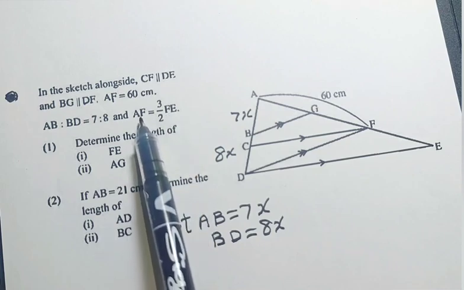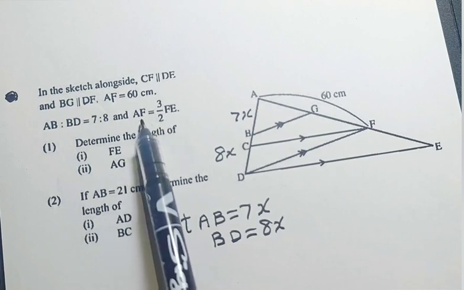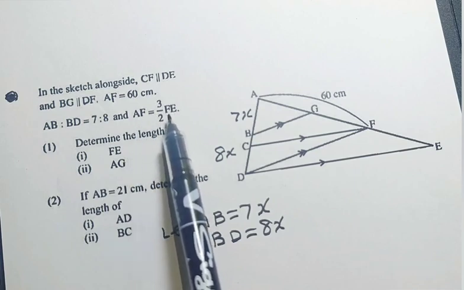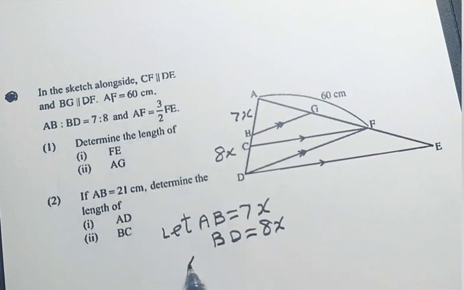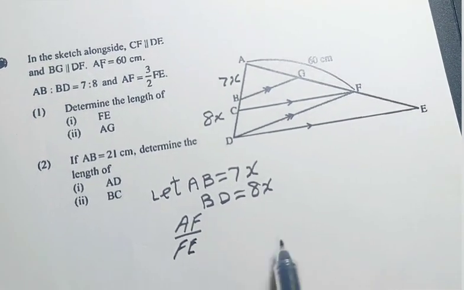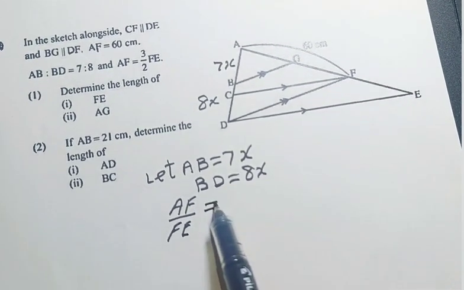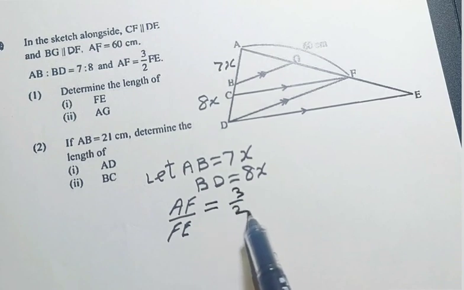So both sides you divide by FE and FE cancels, and this side is AF over FE, which is equal to 3 over 2.